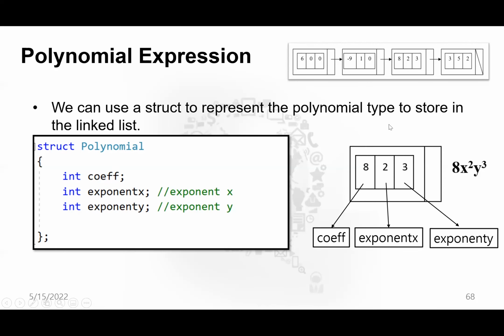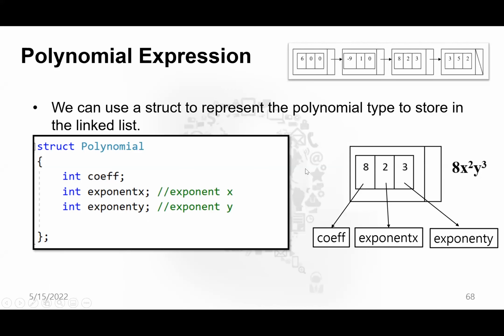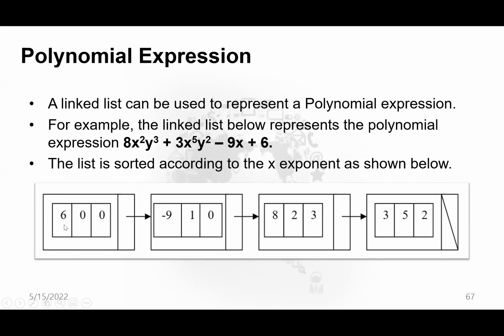Let's go back to the previous slide. So this is the coefficient, the exponent x and the exponent y. From here, you can see that this 600 represents which part? The 6 here, because for this 6, your x and y are both power 0, that's why we don't show the x and y.